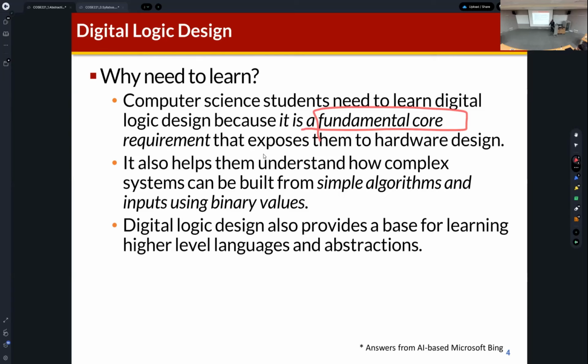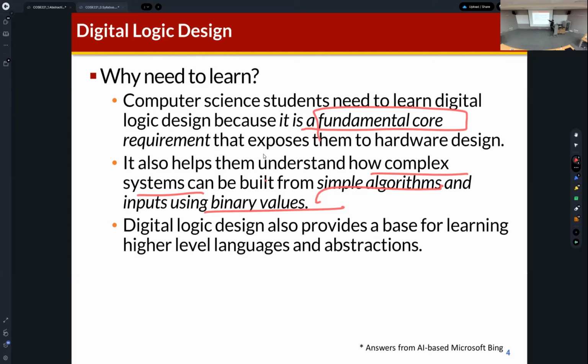It also helps them understand how complex systems work. Recent computer systems are very complex, but they are built from simple algorithms or binary values. The starting point is very, very simple. I think it's similar to mathematics. The starting point of mathematics is very simple, like 1 + 1 = 2, but mathematics is actually very complex and difficult to learn.